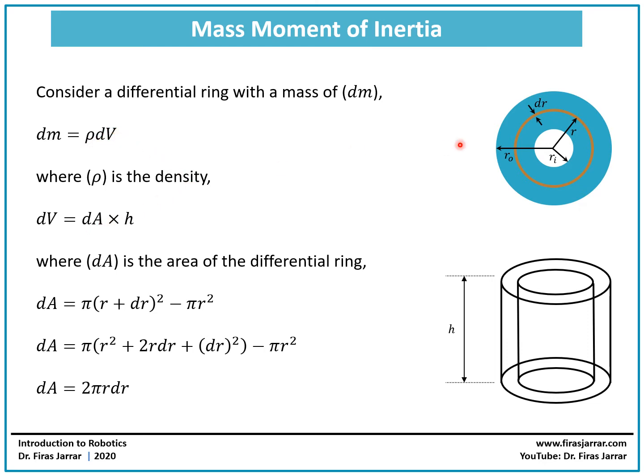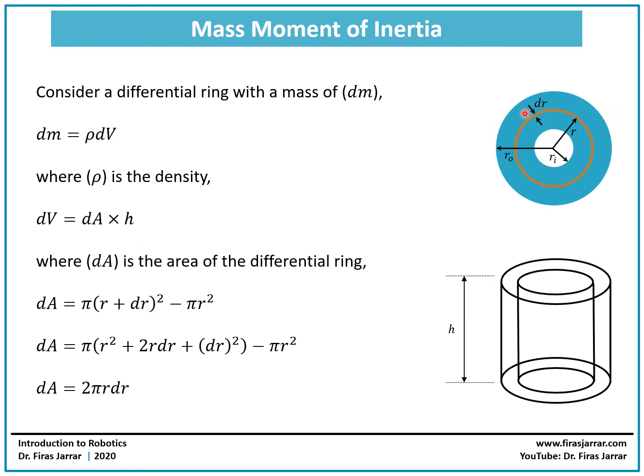And the volume of this ring is simply dA, the differential area of this ring, times h, because volume is area times height.